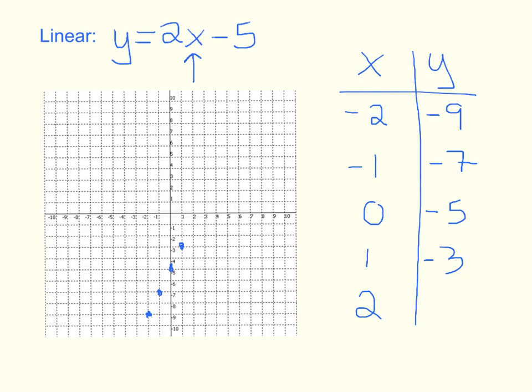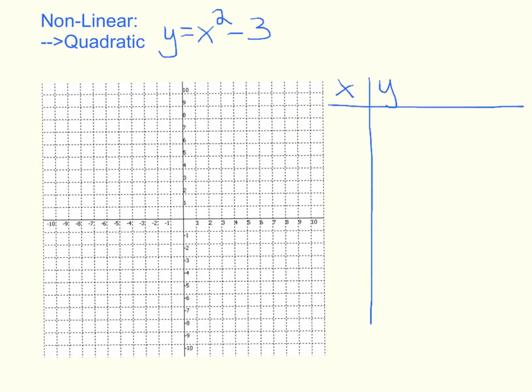And then plug in 2, 2 times 2 is 4, minus 5 is -1. So now if we connect these and you can extend the line, here's the graph of this linear equation, and notice that it is a straight line. So we often as a joke call it the linear function.